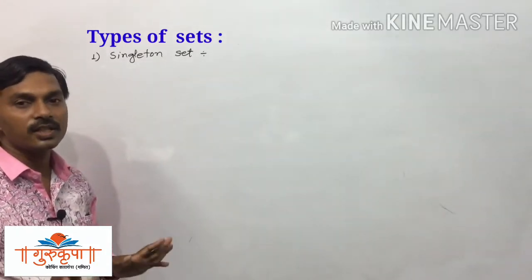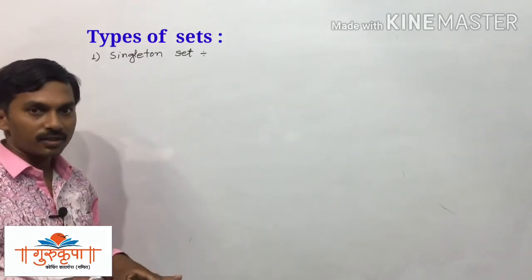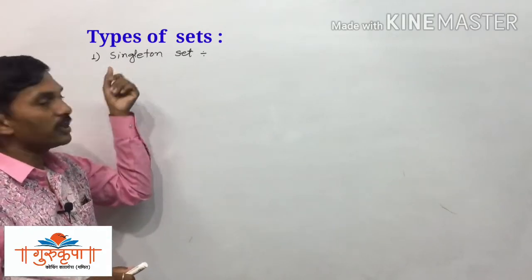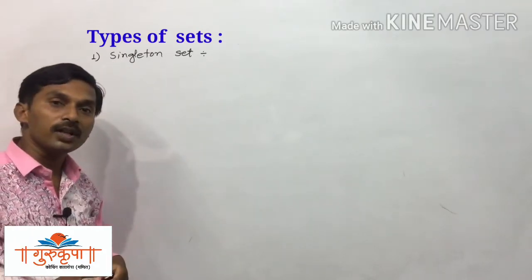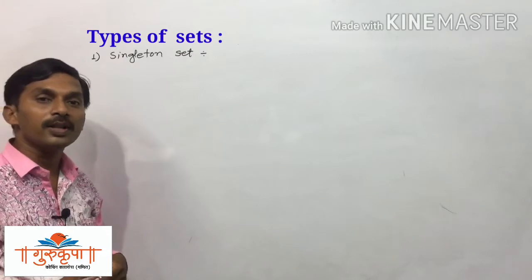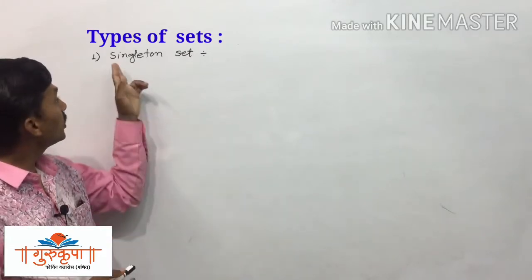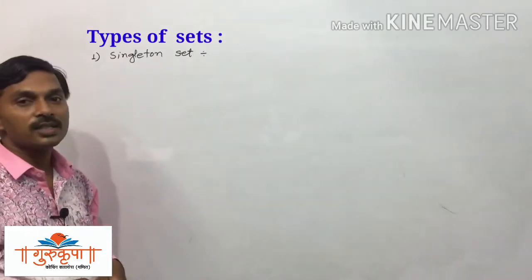It is too easy. The set which is having only one, that is one and only one element or one and only one member, then that set is called a singleton set.